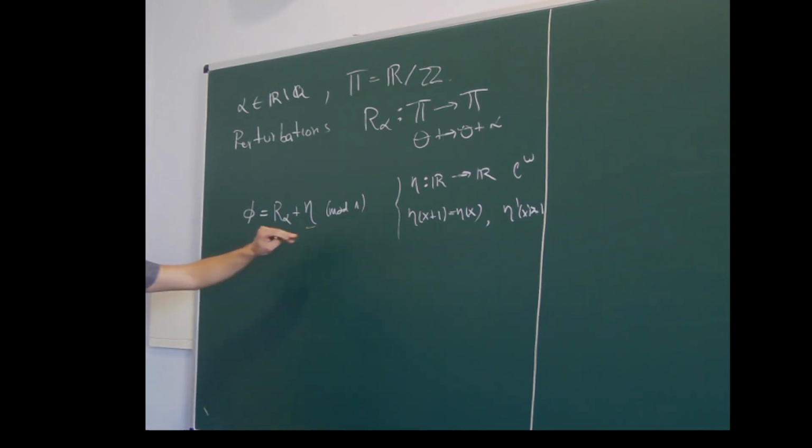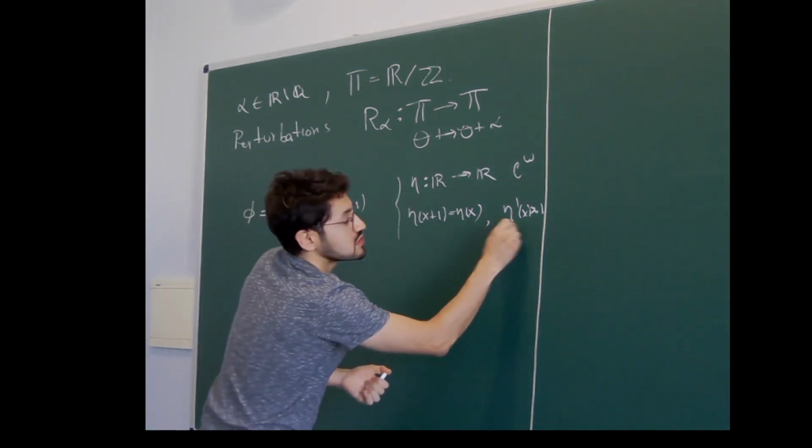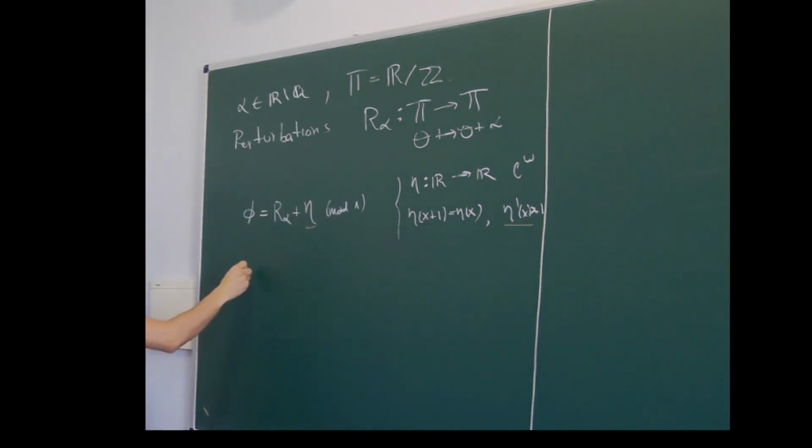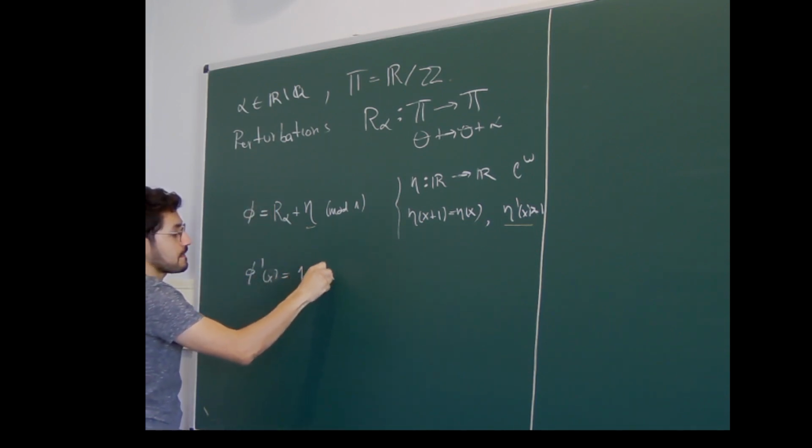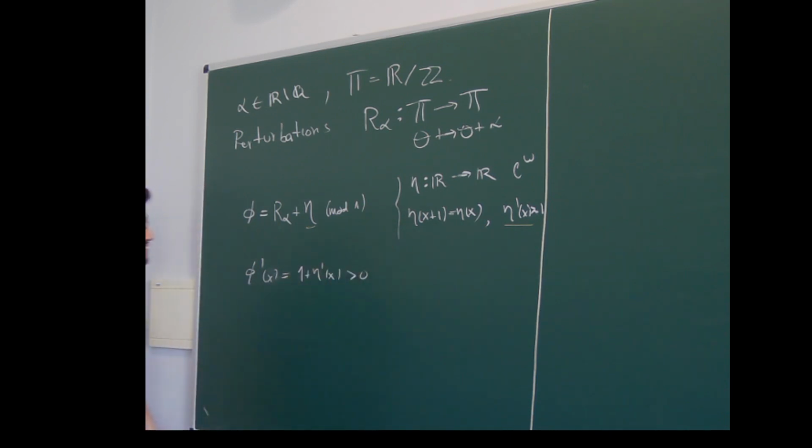So how do you see that this actually is a diffeomorphism? This condition tells you that phi prime is always increasing. So phi prime of x is the derivative of this, which will be 1 plus this, and it should be bigger than 0.